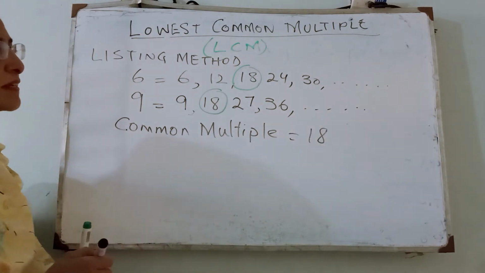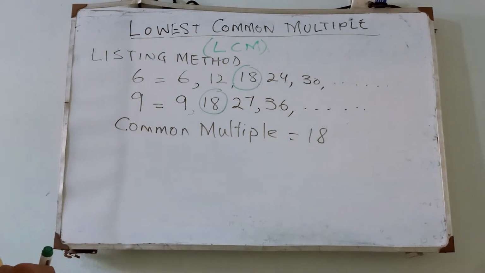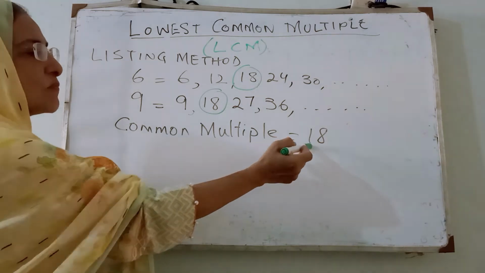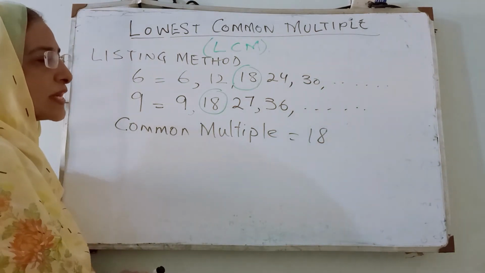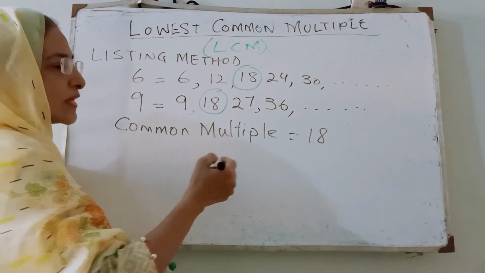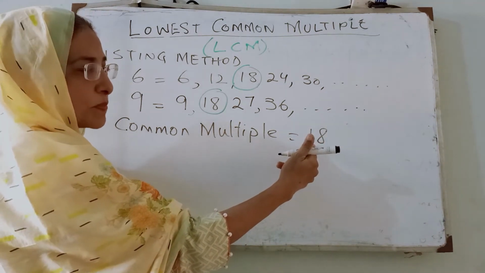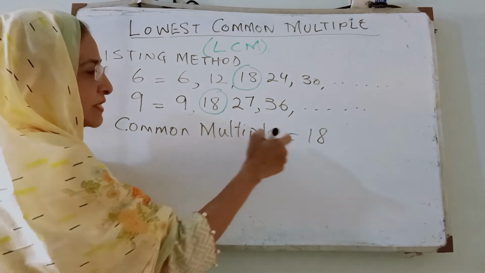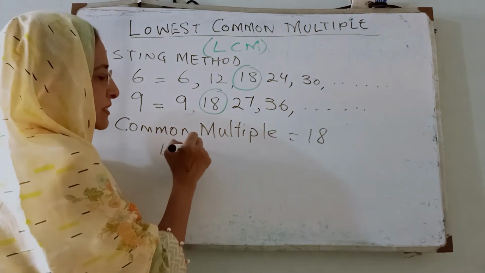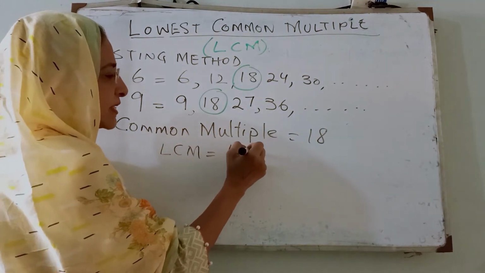Since I have got only one common multiple, and LCM is the lowest multiple, the lowest multiple here is 18, so my LCM will be 18.